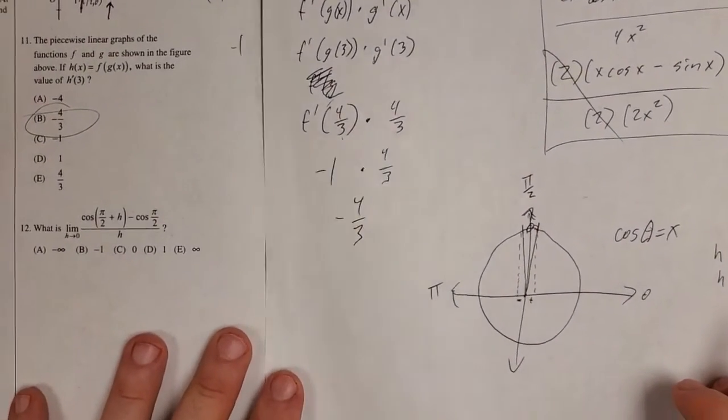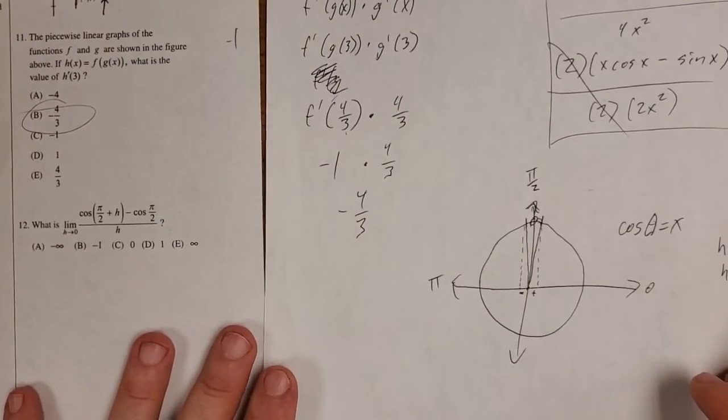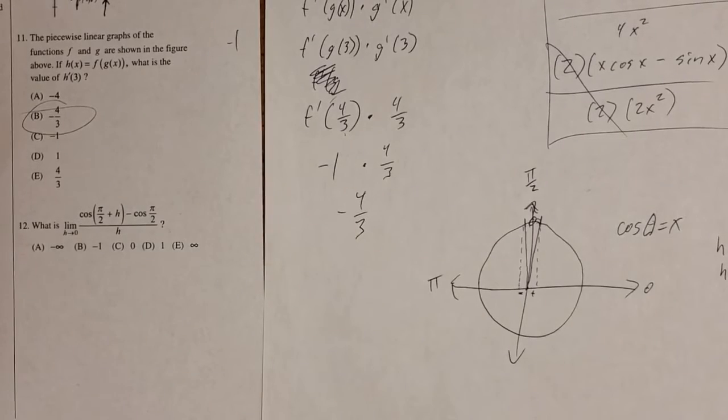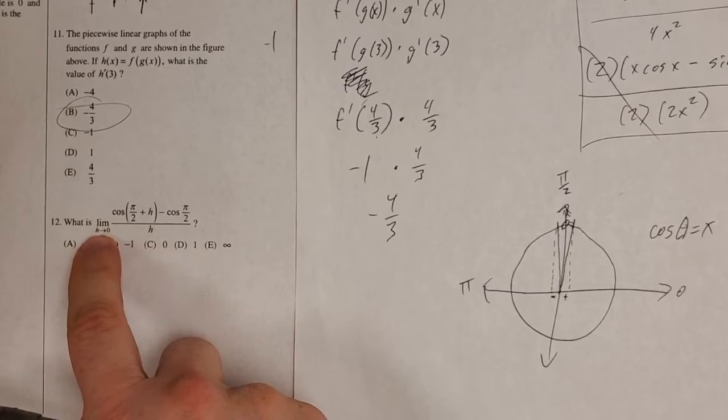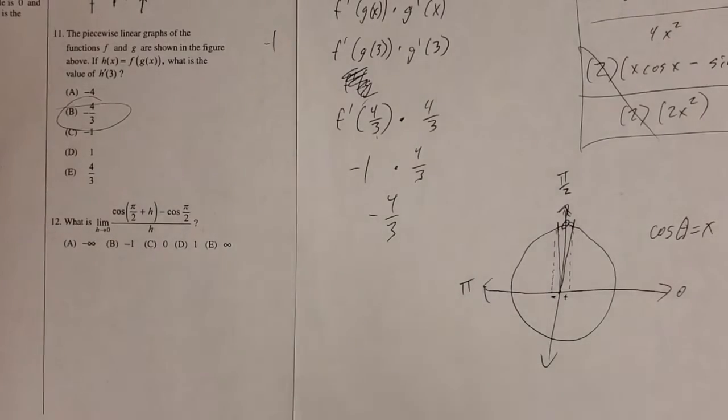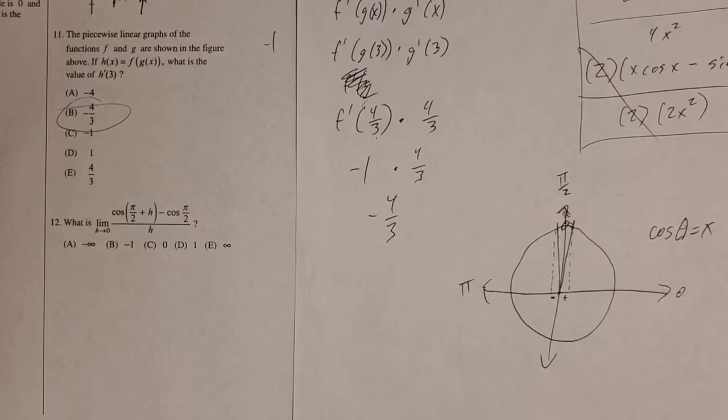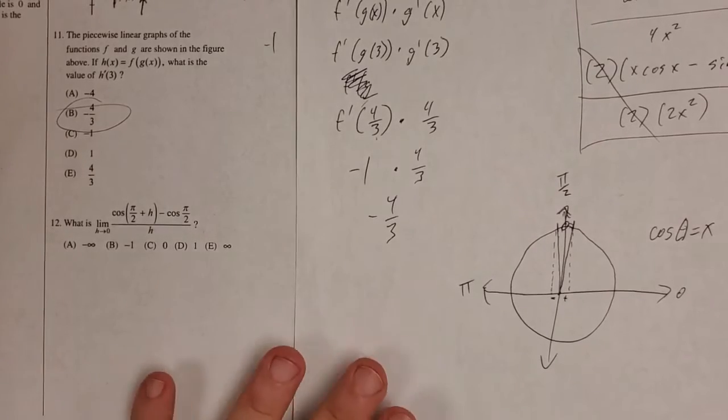And here's the point where we figure that, well, we're talking about as h approaches 0. So let's imagine that it's just a very, very small number, essentially an infinitesimal number.